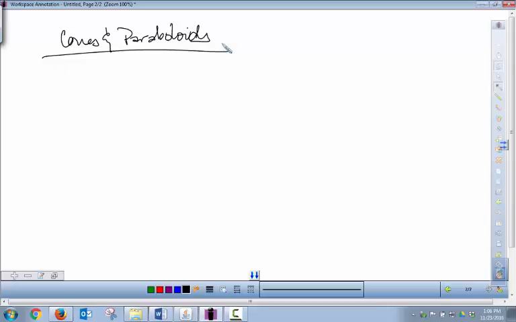So cones and paraboloids, in general, we can look at them as Cartesian, or I guess I should draw my arrow down here.